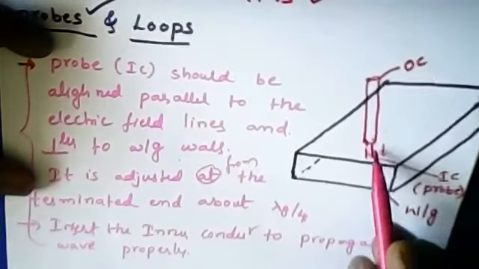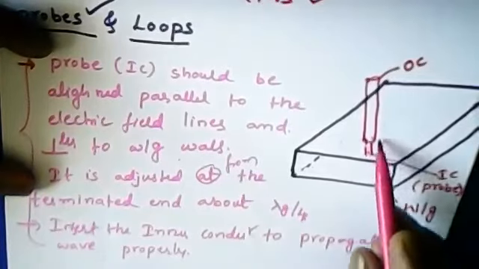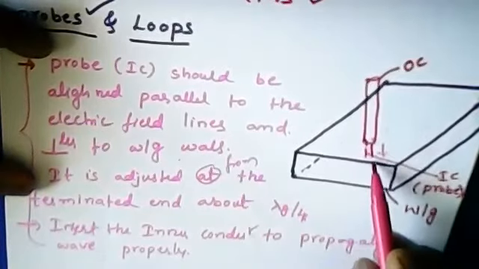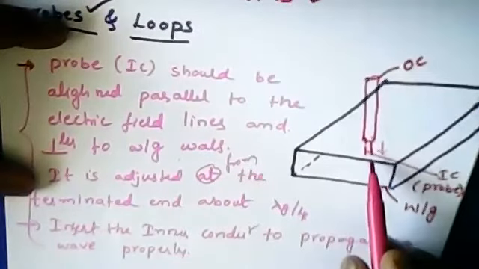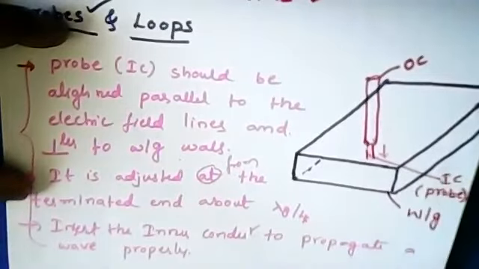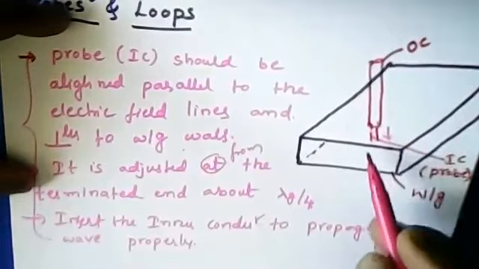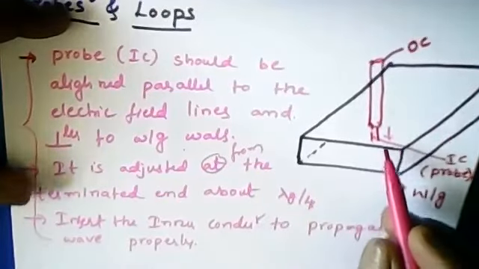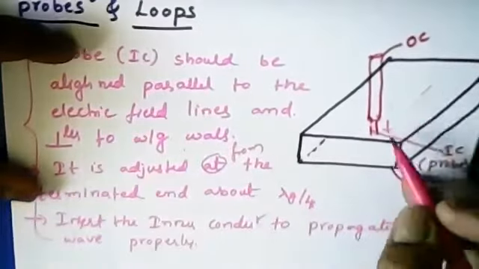Okay, it should be parallel with the electric field lines, and the inner conductor of the coaxial cable acting as a probe is inserted into the waveguide. Similarly, it has to be adjusted in such a way that it maintains a lambda g by 4, so that there is no disturbance or interference of the signals.